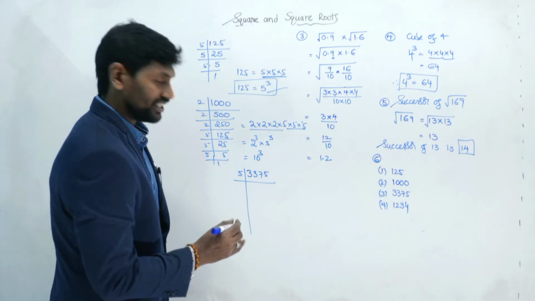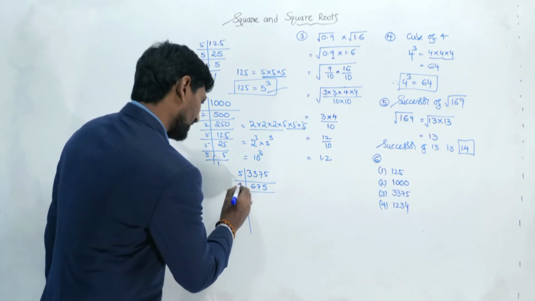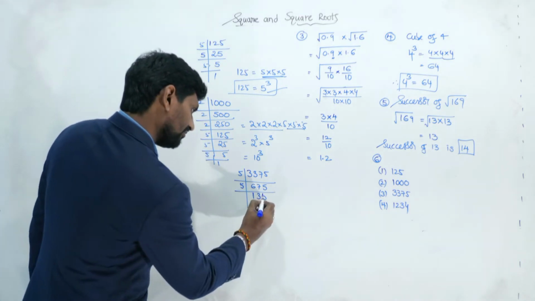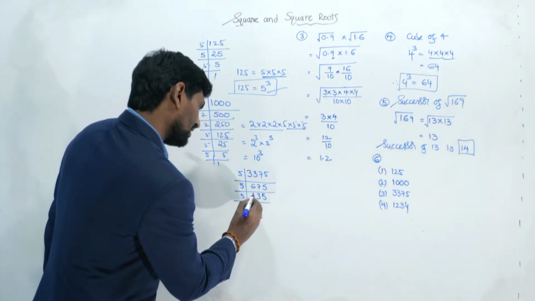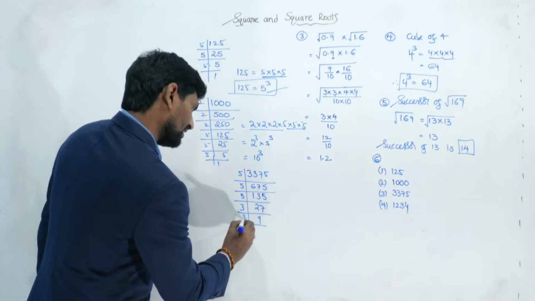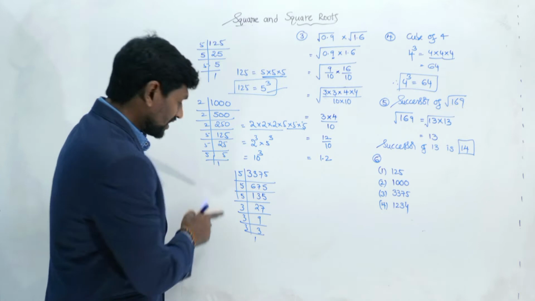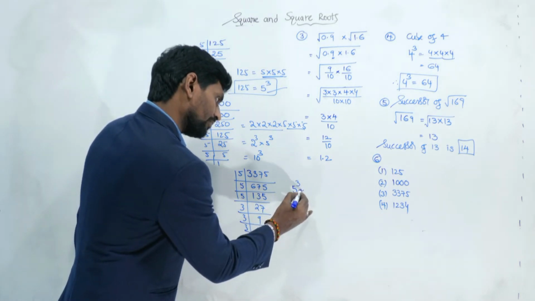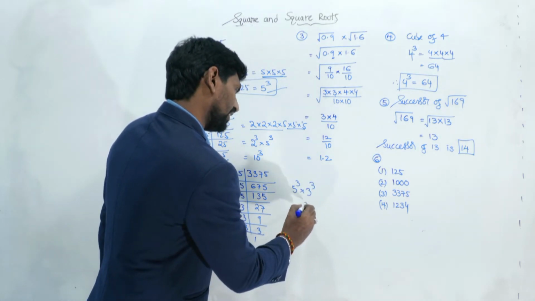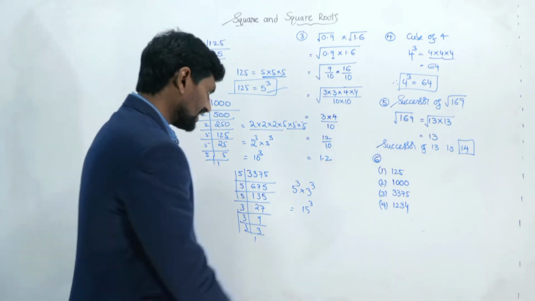I am using the 5 table here. 5 6s are 30, 5 7s are 35, 5 5s are 25. Again the 5 table, 5 3s are 15, then 5 2s are 10, 5 7s are 35. Now the 3 table: 3 9s, 3 3s, 3 1s. 5 is there 3 times, so 5 cube. 3 is also there 3 times, so 3 cube. 5 into 3 is 15 cube. So 3375 is nothing but 15 cube.